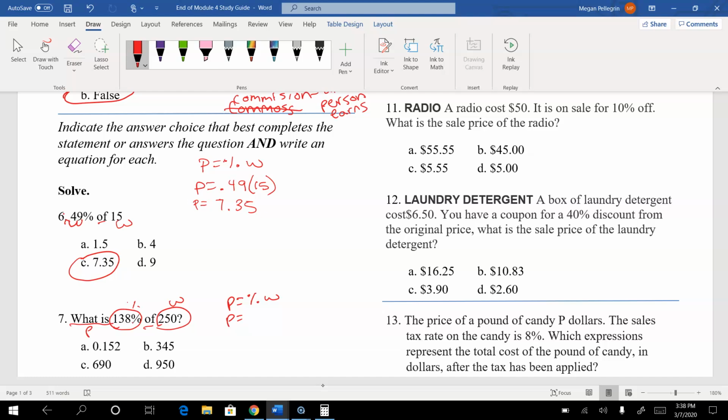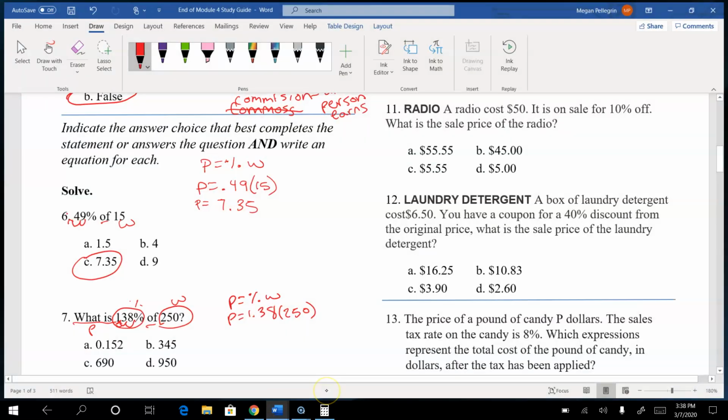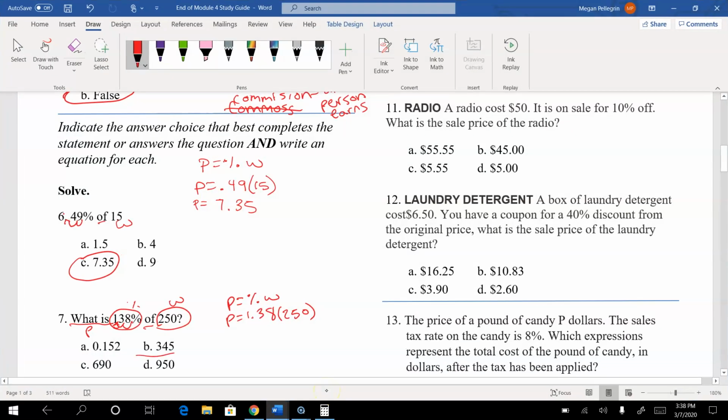We got to move that decimal 2 places to the left, which gives me 1.30 times the whole, so times 250. So in our calculator, 1.30 times 250 gives me 325. So B, 345.